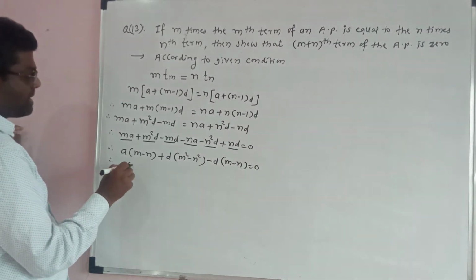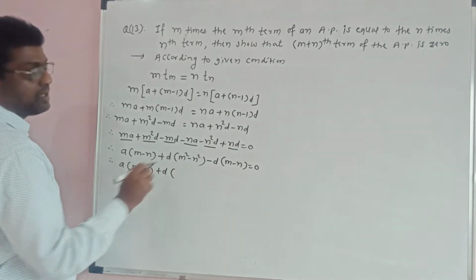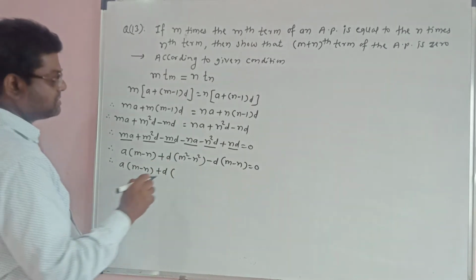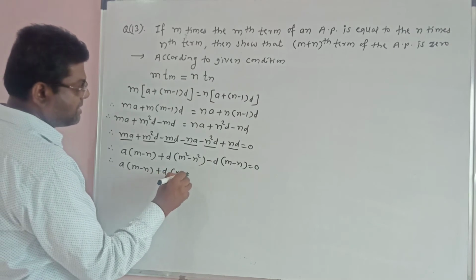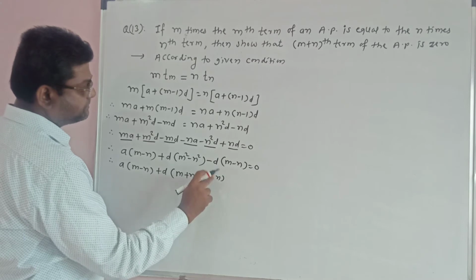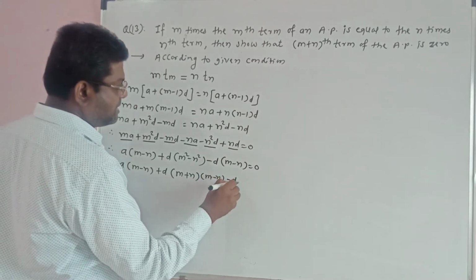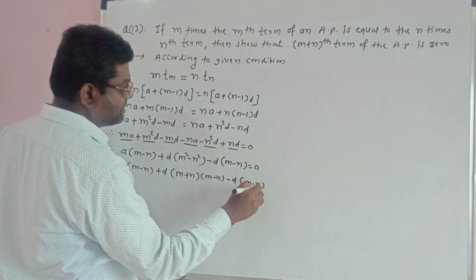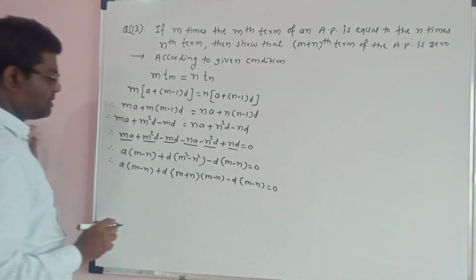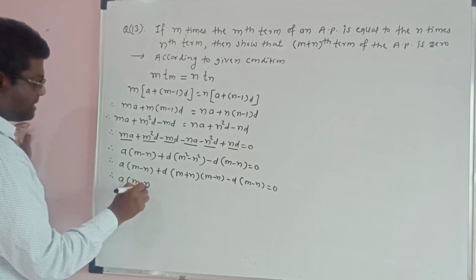Therefore a in bracket m minus n plus d into m square minus n square, which can be written as m plus n into m minus n, minus d into m minus n is equal to 0. Therefore a in bracket m minus n.